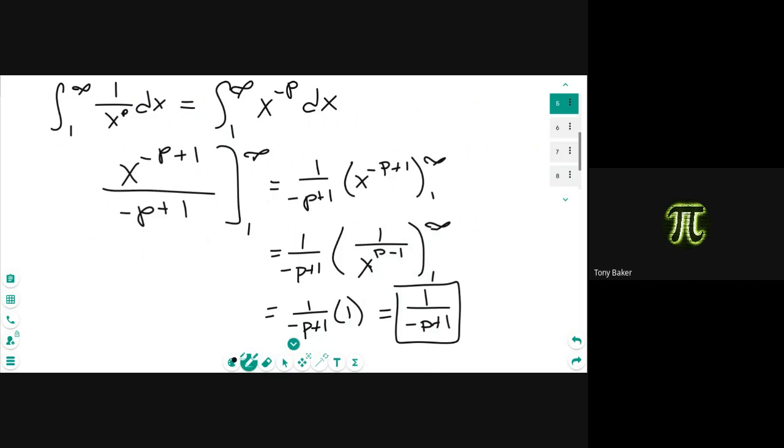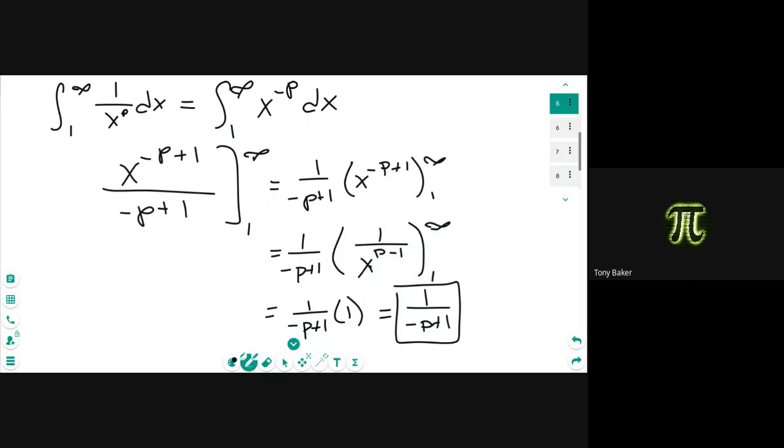Which value do you think is the most important number in this? If you're going to look at this as a fraction, what number is very important?